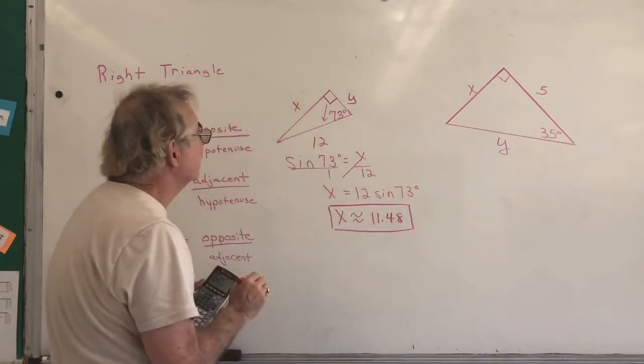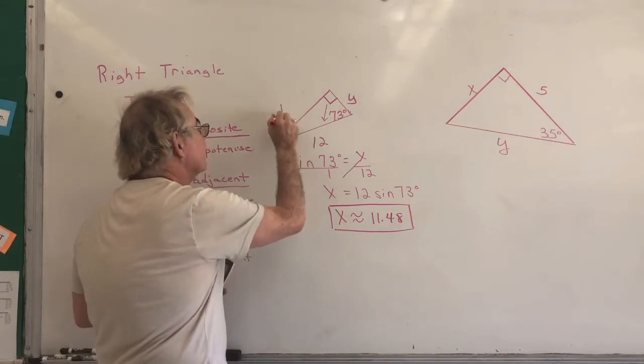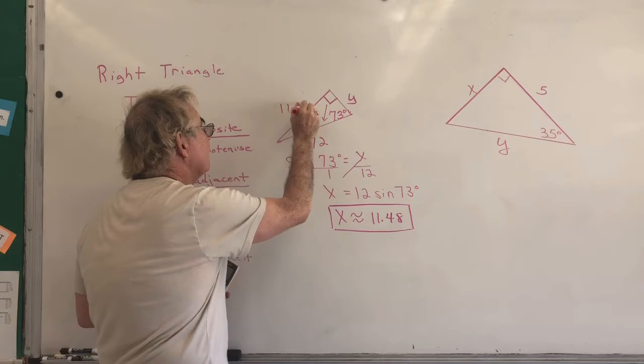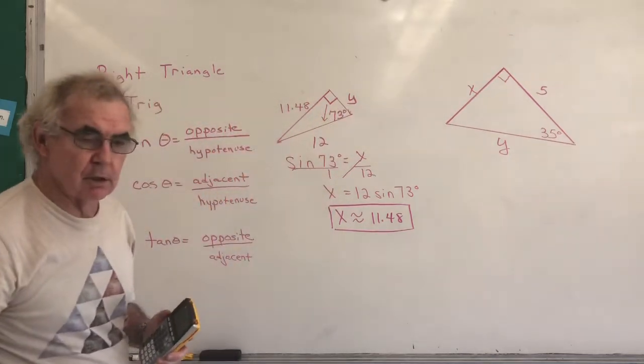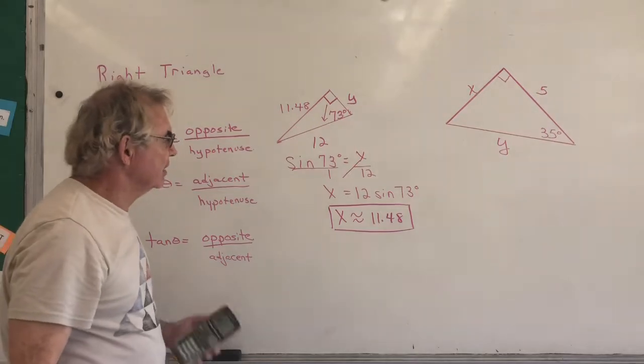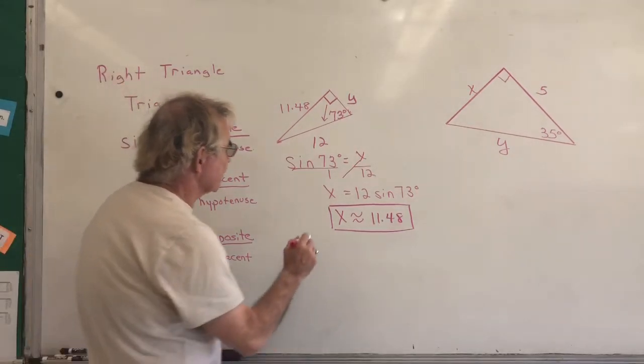Now, once you get x to be approximately 11.48, you have alternatives. You can find y by the Pythagorean theorem, or you could use basic trig again. Today's lesson is on basic trig, so we're going to use the trigonometric functions.